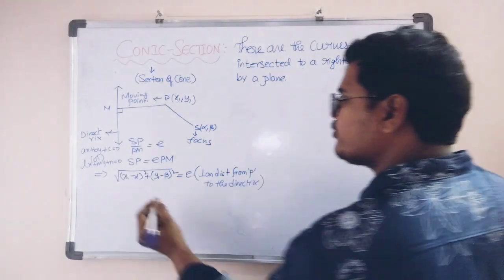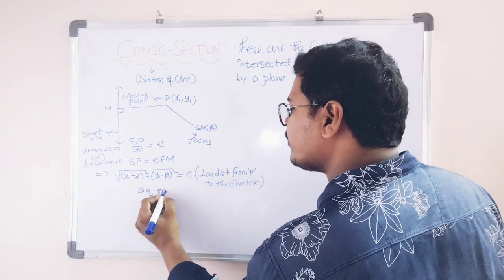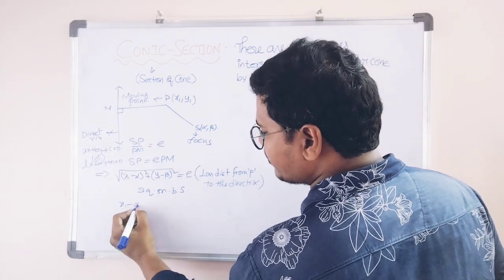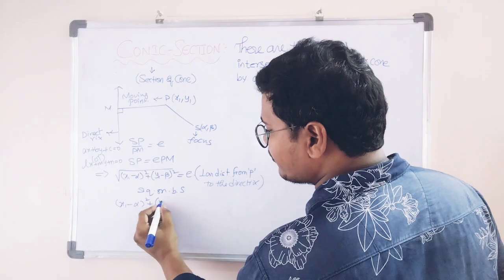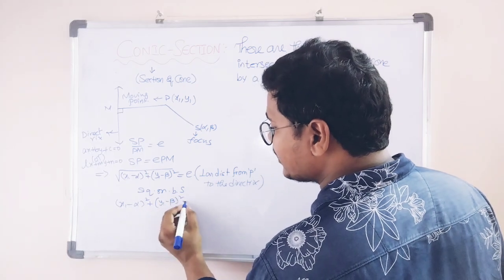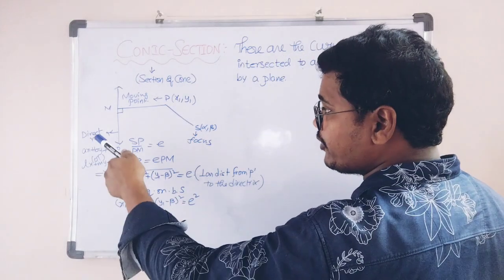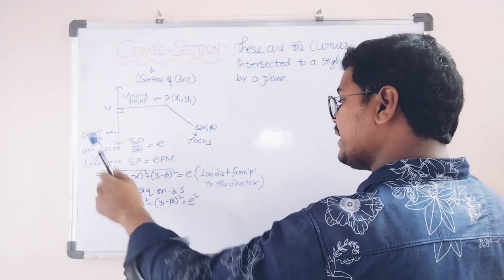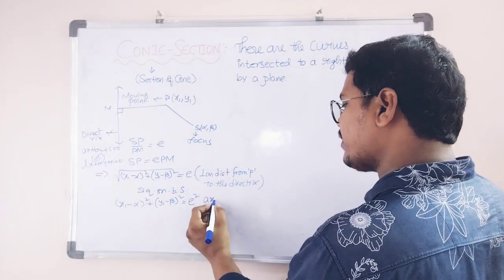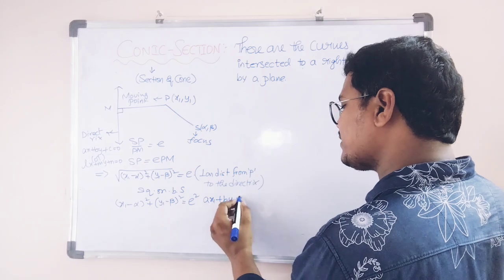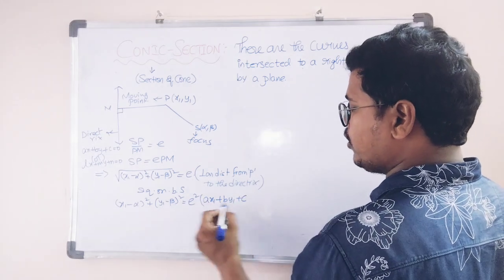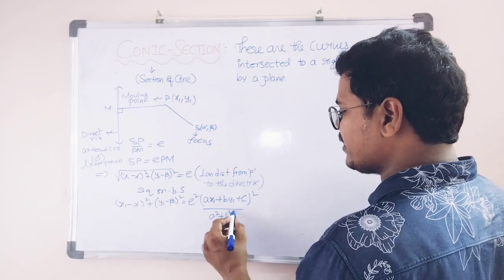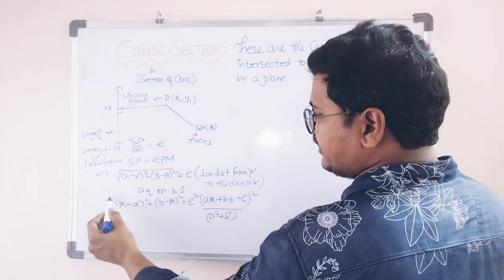After squaring both sides, what will happen? (x1 minus alpha) whole square plus (y1 minus beta) whole square equals e square, and I already briefed you, the perpendicular distance from point P to the given line is (ax1 plus by1 plus c) whole square by root a square plus b square whole square, in the sense a square plus b square.